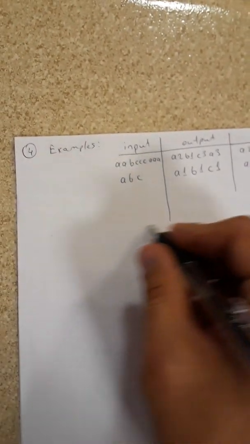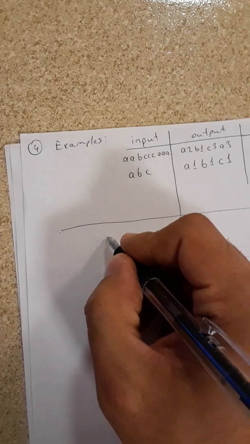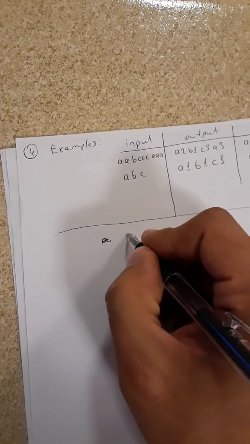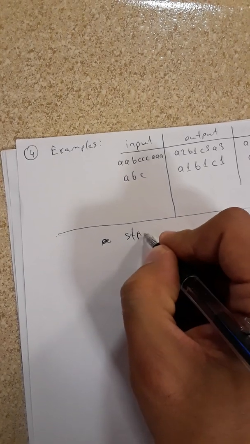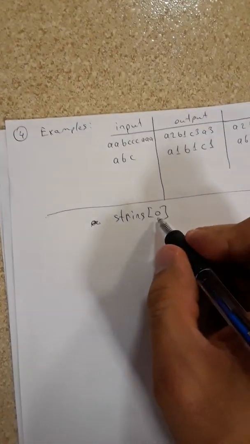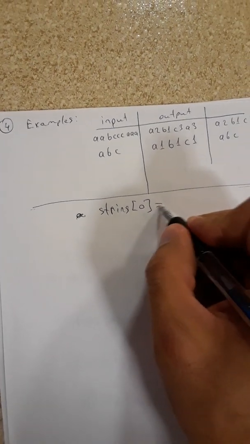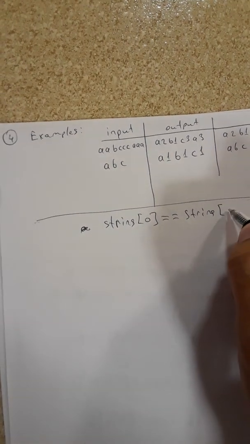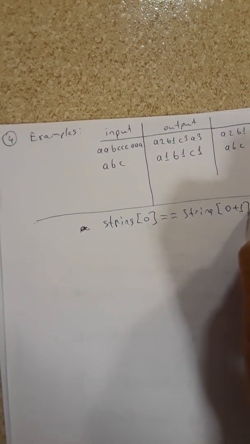How are we going to implement our function? We will always start from the first element, and we will check if it is equal to the next one.